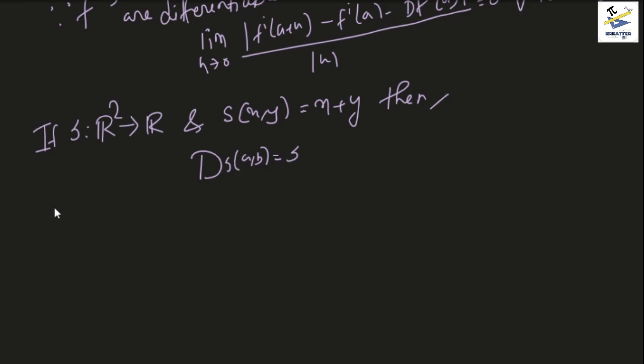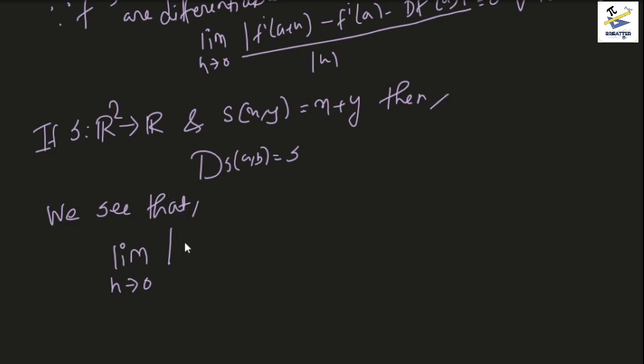Well, we can directly find out the limit here. Limit as h tends to 0, and let us see the norm, because it will normally be a modulus, because the output is always a real number.